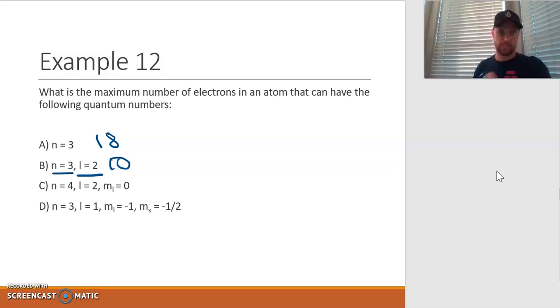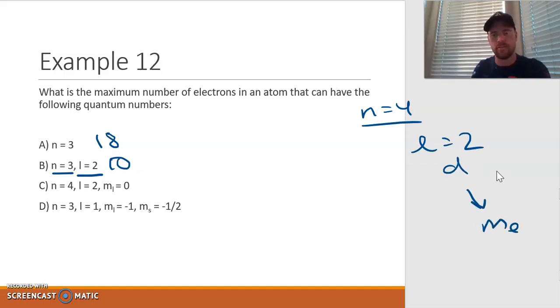Let's get a little bit more specific. Let's look at this set of quantum numbers. How many electrons would all have these three quantum numbers in common? So we're looking at the fourth energy level, specifically the L equals 2 value, which by the way is the D subshell, but specifically the m sub L value equal to 0. Remember, what happens when you get down to the m sub L value?